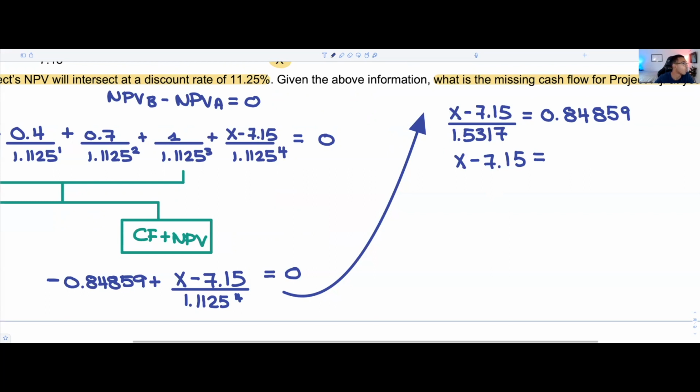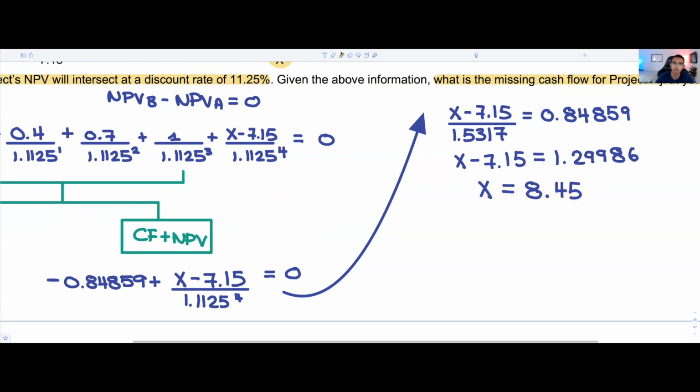This is going to give us 1.29986, and then simply x will be equal to essentially 1.30 plus 7.15, so x will be equal to 8.45. And that's going to be your answer. It's literally as easy as that.